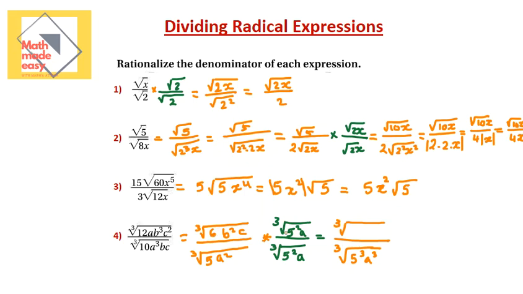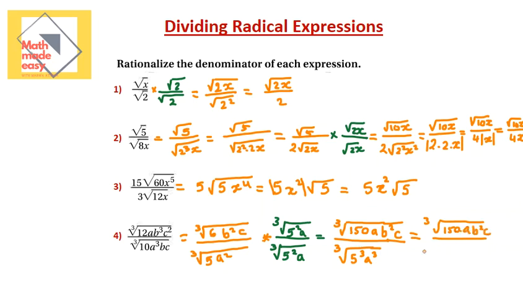If you multiply 6 by 5 squared, which is 25, your answer is going to be 150. Then I have an a, then a b squared, then a c. So all of that is in the numerator. Remember, when you write an algebraic expression, write the variables in alphabetical order. So this is 150, a, b squared, and c.